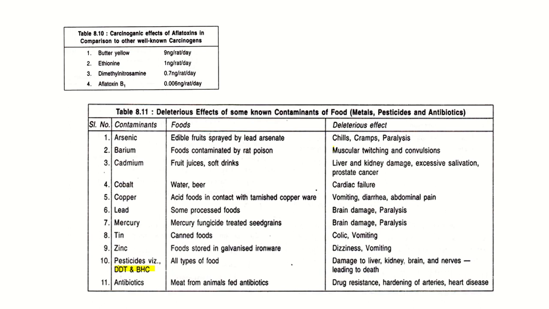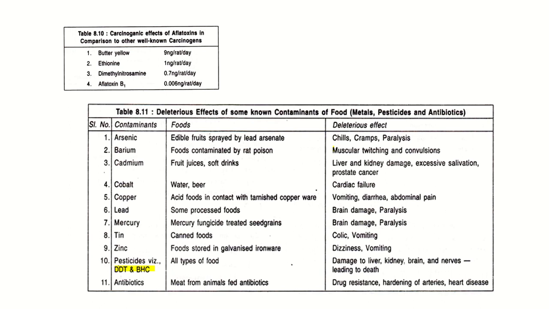Arsenic, in edible food. Generally, arsenic is used for killing certain microorganisms, bacteria, fruit flies or any insects. So farmers utilize arsenic compounds sprayed on food materials. After harvest or cleaning, residue remains in that food material also.